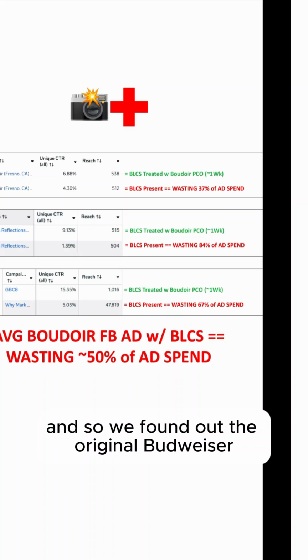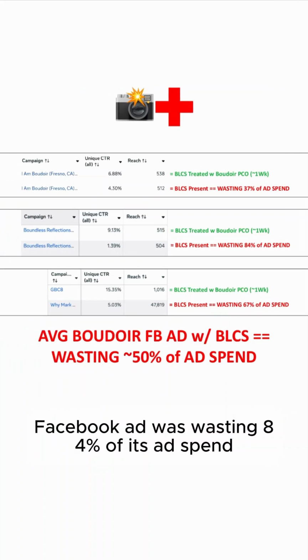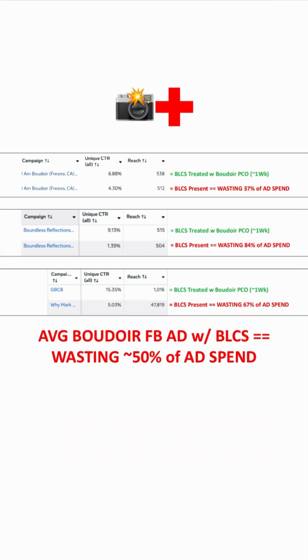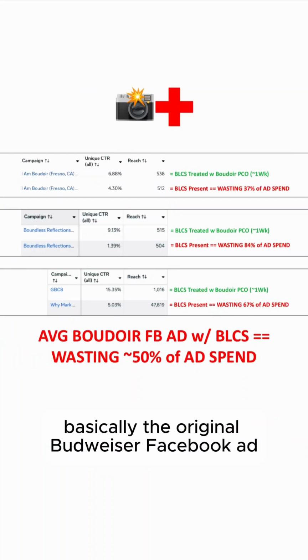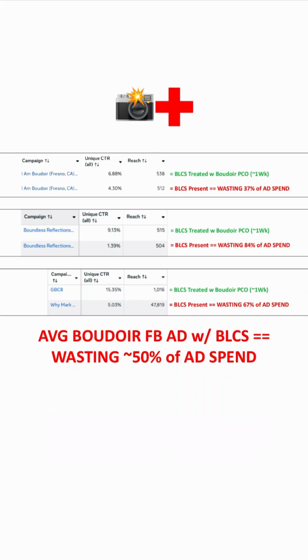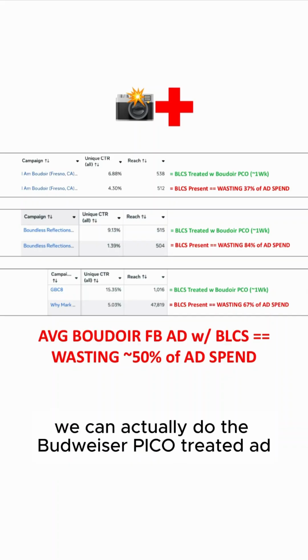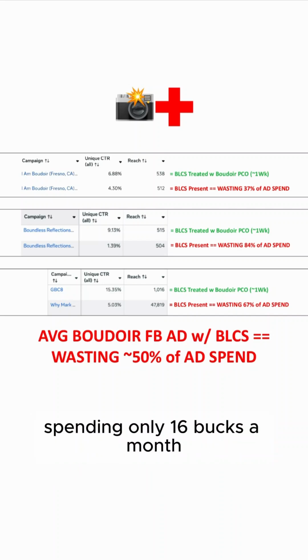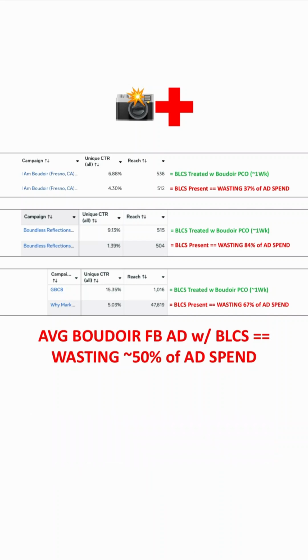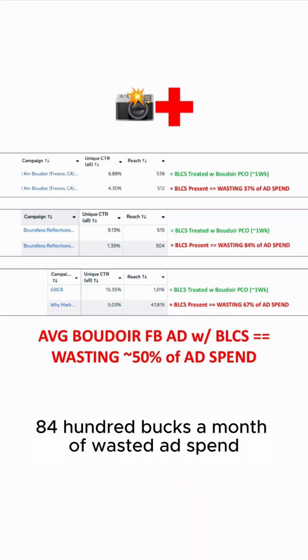And so we found out the original Boudoir Facebook ad was wasting 84% of its ad spend. So basically the original Boudoir Facebook ad spent 10 grand a month. Instead of doing that, we can actually run the Boudoir Pico treated ad spending only $1,600 a month. So what are we doing here? Eliminating that $8,400 a month of wasted ad spend, pocketing that.